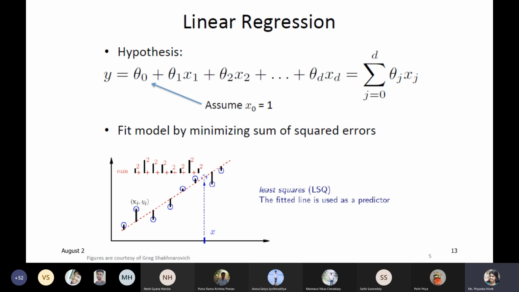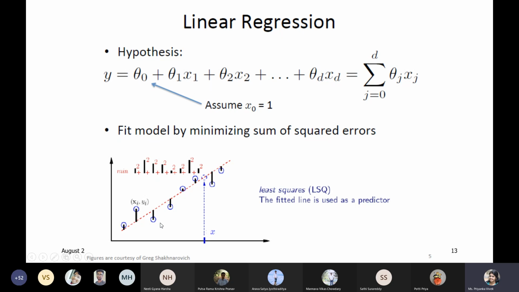But of course, in a real data set we would have, say, d attributes. So for each attribute you will have a weight, or parameter, called theta associated with it when you construct your model. Theta naught is the first one, theta naught plus, then for each attribute we will have a weight.